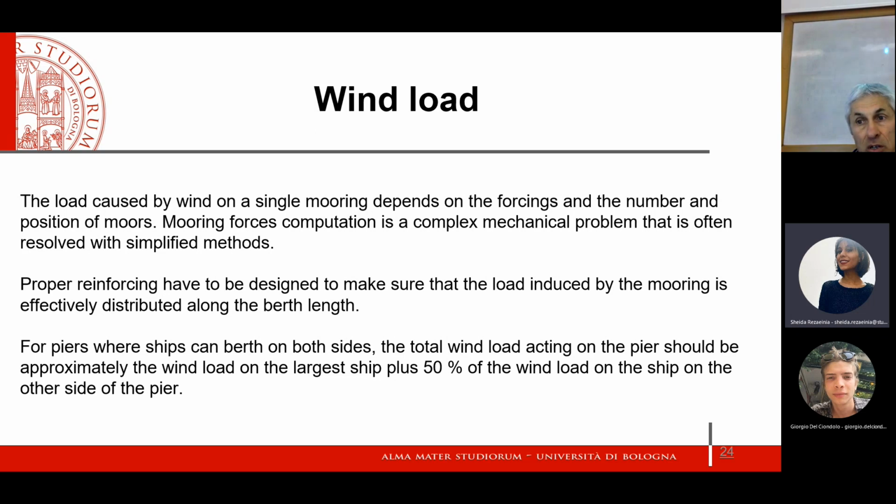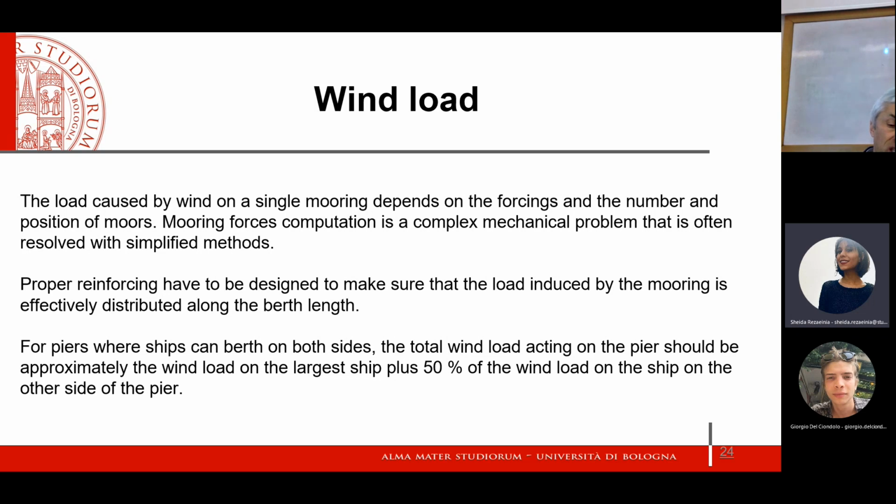And for piers where ships can berth on both sides, this of course implies that also the wind force may act on both sides. So the total wind load acting on the pier should be approximately the wind load on the largest ship plus 50% of the wind load on the ship on the other side.